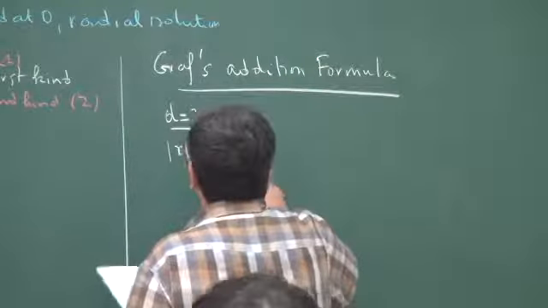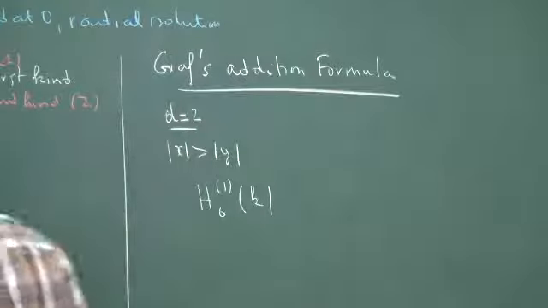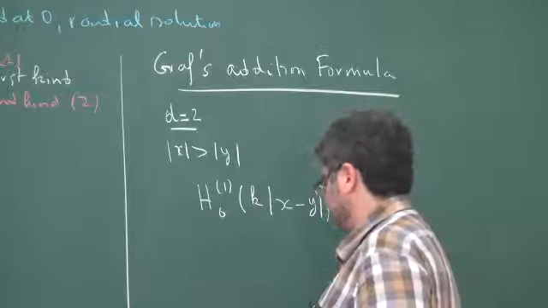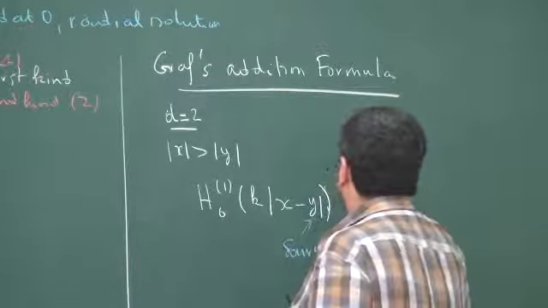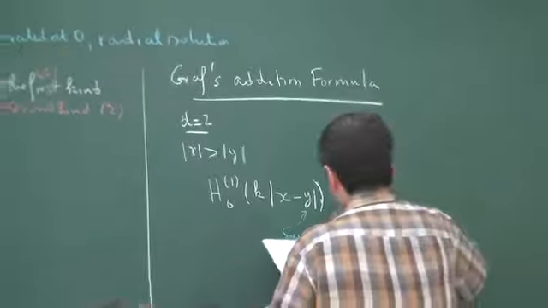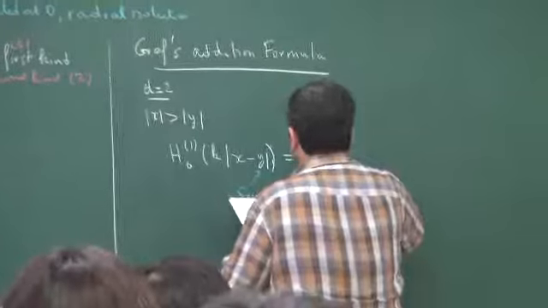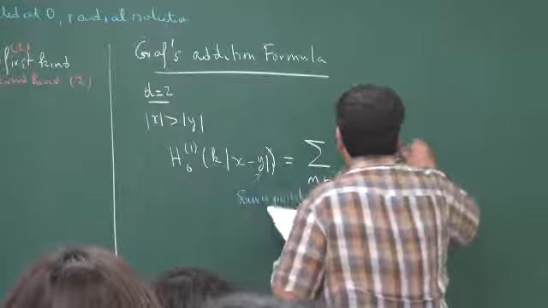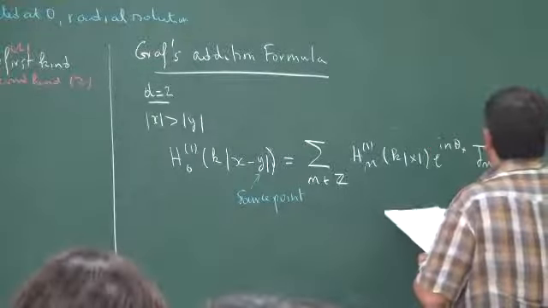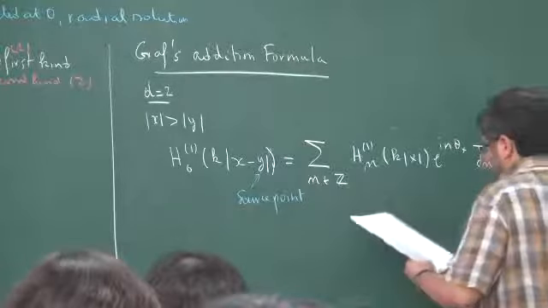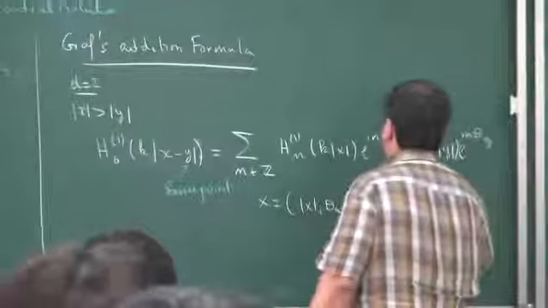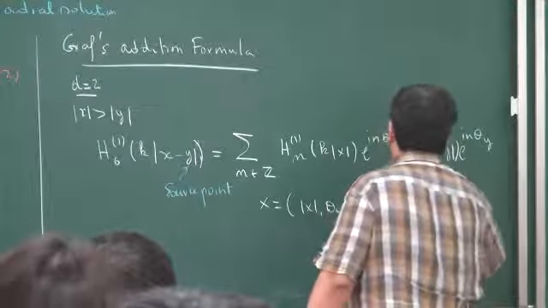Graf's addition formula says that this cylindrical wave generated at the source point y, far away from the source point, is given in terms of H1n of k x exponential i n theta x times Jn of k y exponential i n theta y, where this is in polar coordinates, theta x for x and theta y for y.